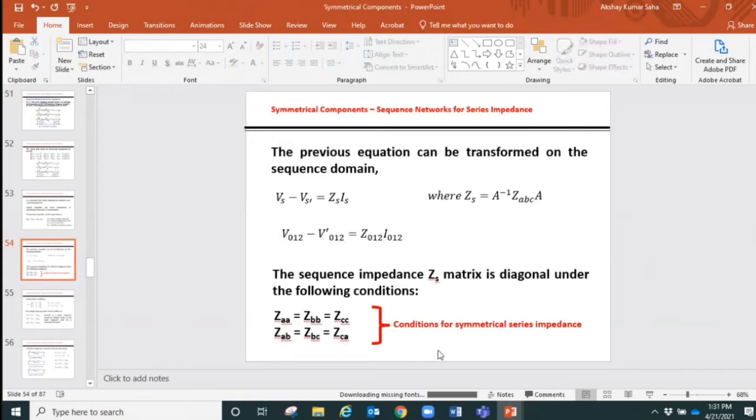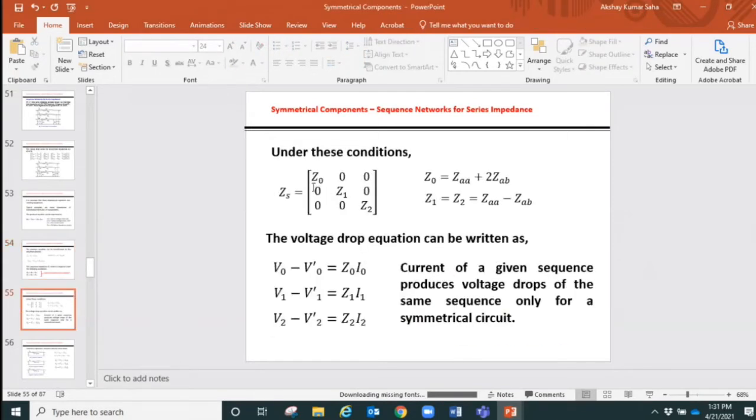So then we will arrive at the condition that all the off diagonal elements will become zero, whereas the diagonal elements can be represented now by Z0, Z1, and Z2, because we want to see them in terms of positive, negative, and zero sequence impedance. But Z0 is not going to be equal to Z1, but Z1 is equal to Z2.